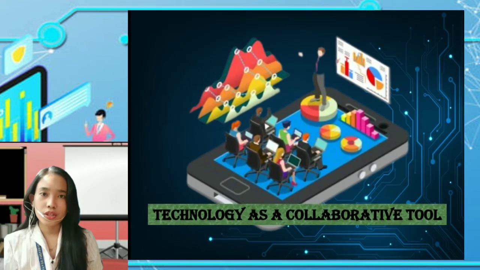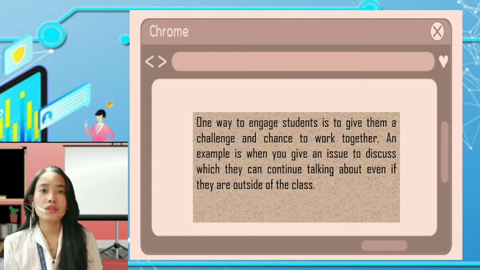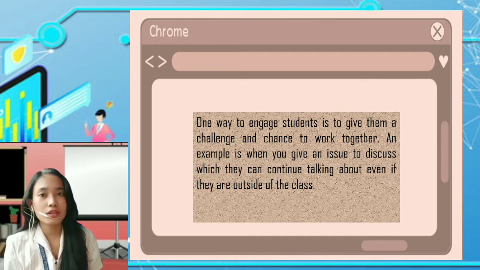Technology as a collaborative tool. One way to engage students is to give them a challenge and a chance to work together. An example is when you give an issue to discuss which they can continue talking about even if they are outside of the class, like yours, since we are in this modular mode.